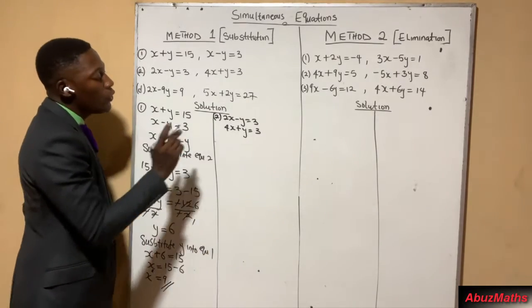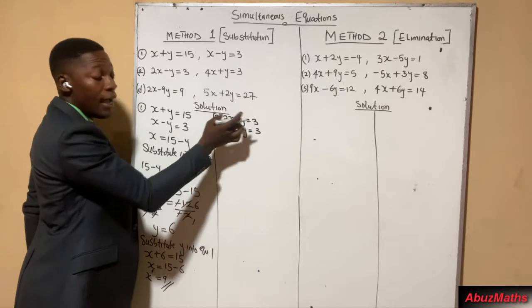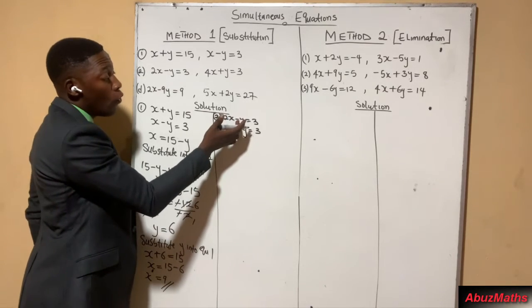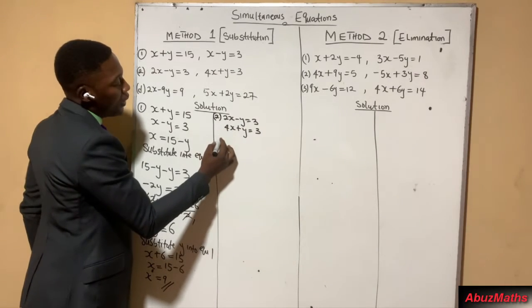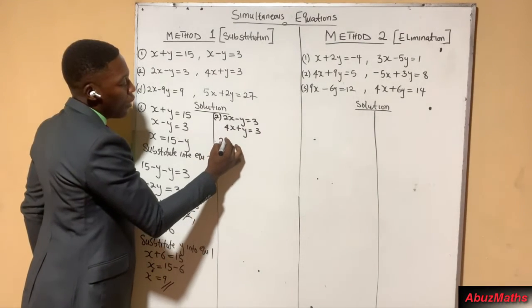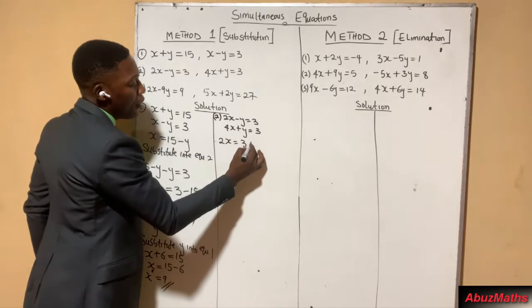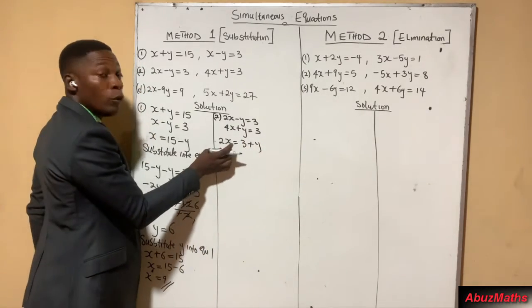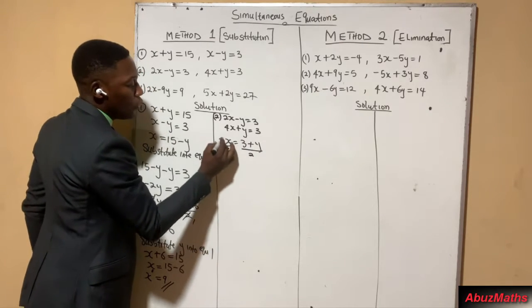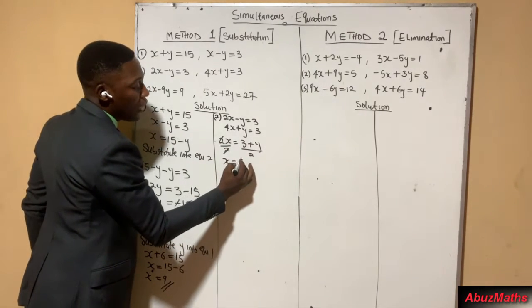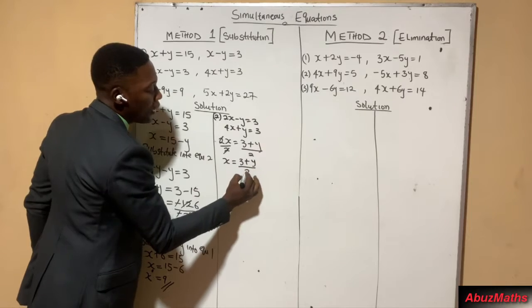Now let me use y as the subject. So here I would say 2x is equal to 3 plus y. Now I'm looking for x, not 2x, so I can now divide both sides by 2. So my x is equal to 3 plus y over 2.